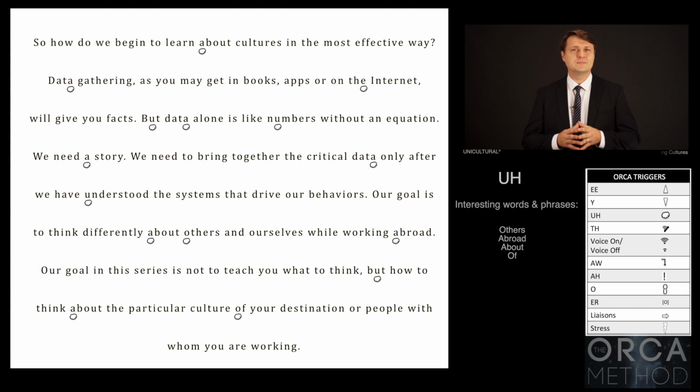We need to bring together the critical data only after we have understood the systems that drive our behaviors. Our goal is to think differently about others and ourselves while working abroad.